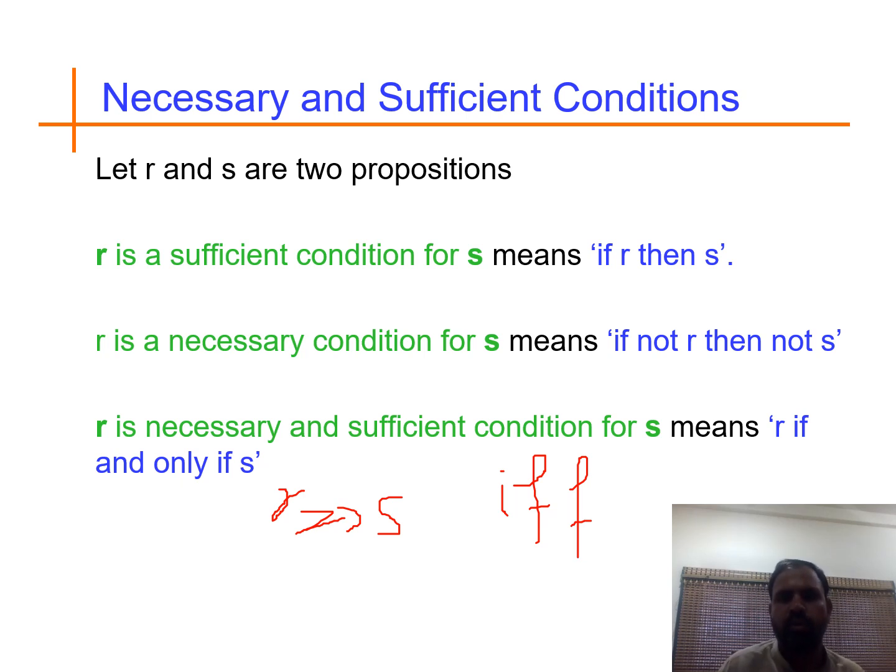And next we will discuss union, intersection, Venn diagrams, and set theory, which you have discussed in your course on set theory. Next we will discuss these.